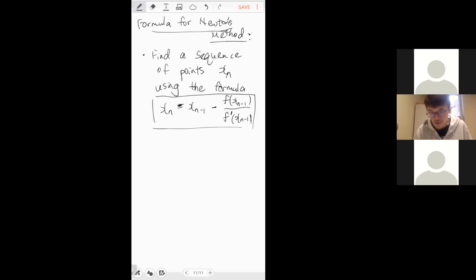So usually in your quiz or in your exam, you would be given the first point, and then you'll be asked to compute the second point, the third point, the fourth point, and that's it. But the idea is as n gets larger, x_n gets closer to the real root.